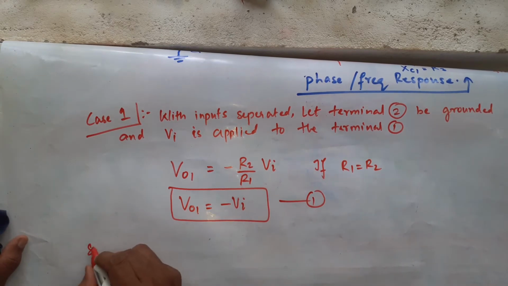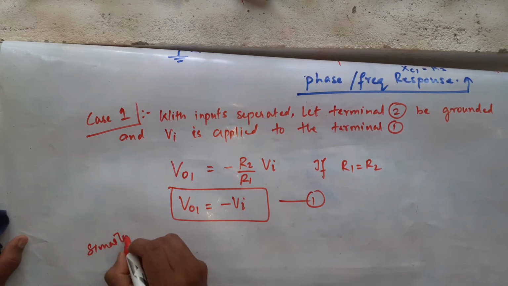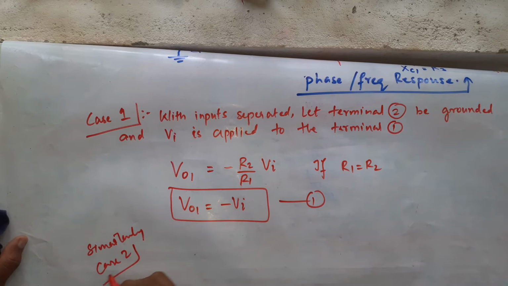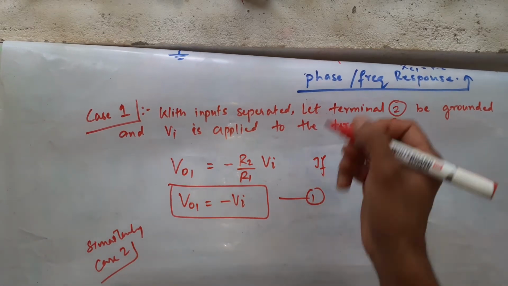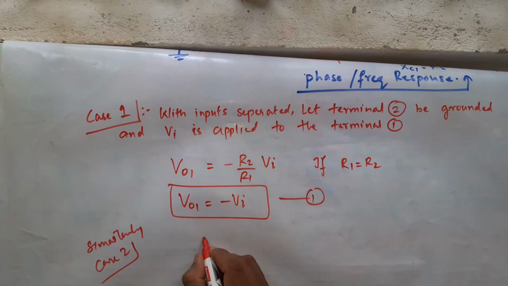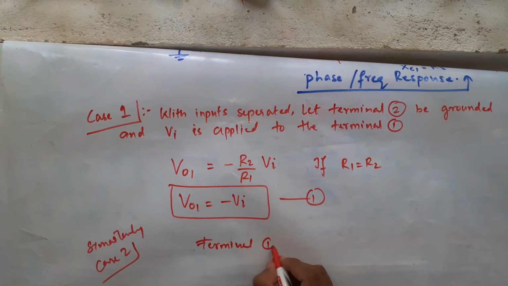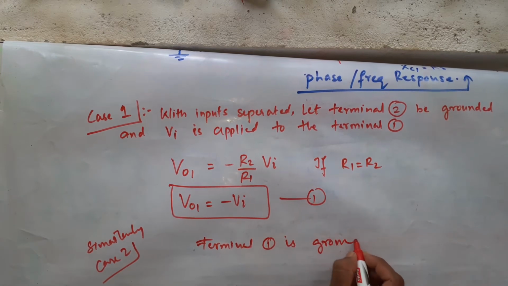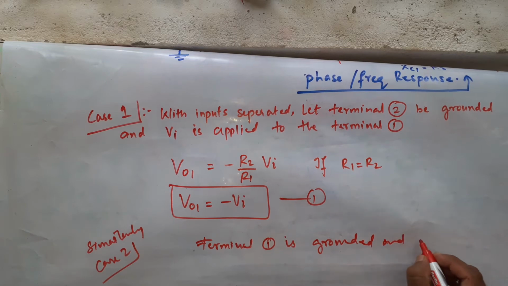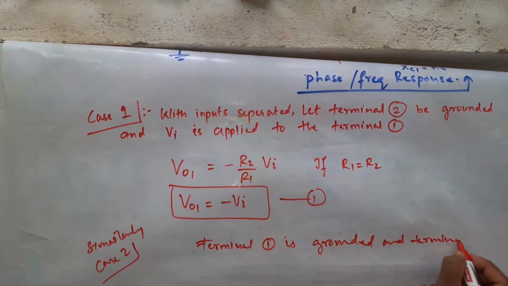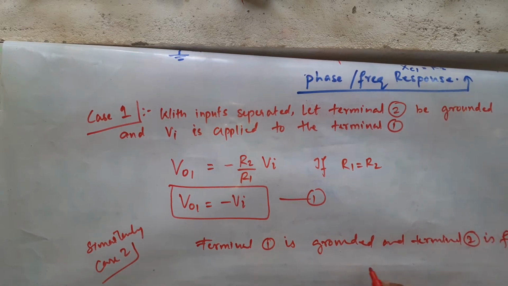Similarly, in case 2, we will do the opposite of this, where terminal 1 is grounded and terminal 2 is fed with input voltage Vi.